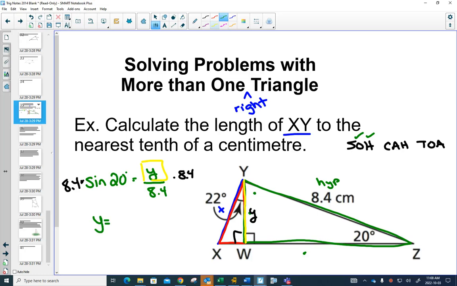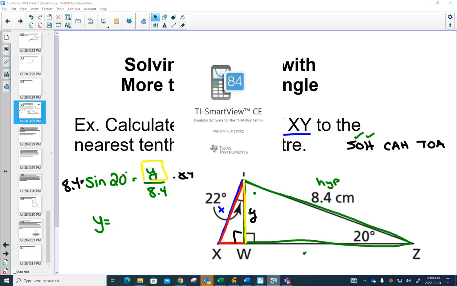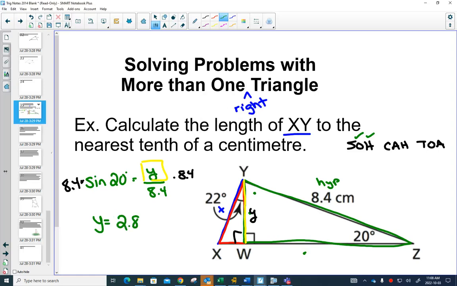And now I can go to my calculator and type in 8.4 sine of 20. Apparently that calculator is being slow, so I'll do it on this one. Try it on your own calculator. Did you get the same numbers as I did? 2.87 dot, dot, dot.